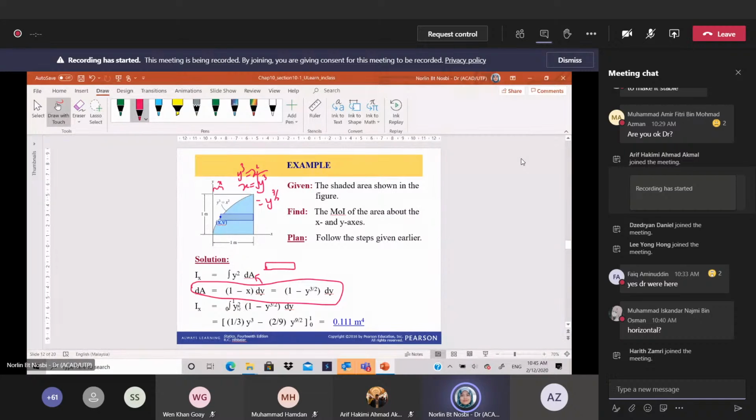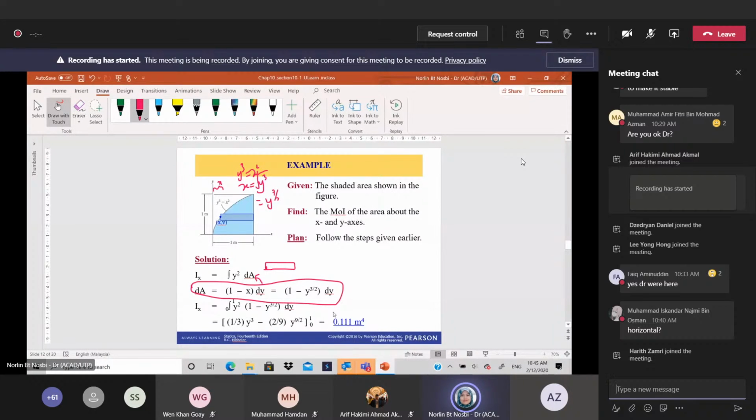So you just do the integration, and you will get 1 over 3 y to the power of 3 minus 2 over 9 y to the power of 9 over 2, from 0 to 1. So you just fill in the 1, and you will get 0.111 meter to the power of 4. Okay, now you have done. You have found the moment of inertia for x.